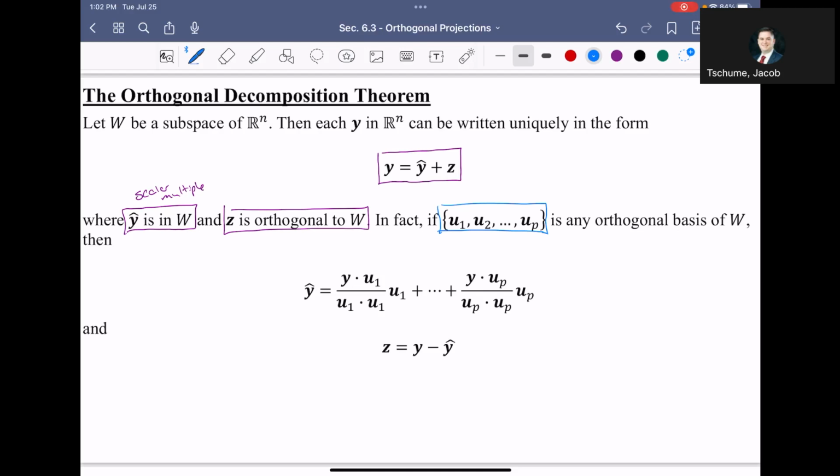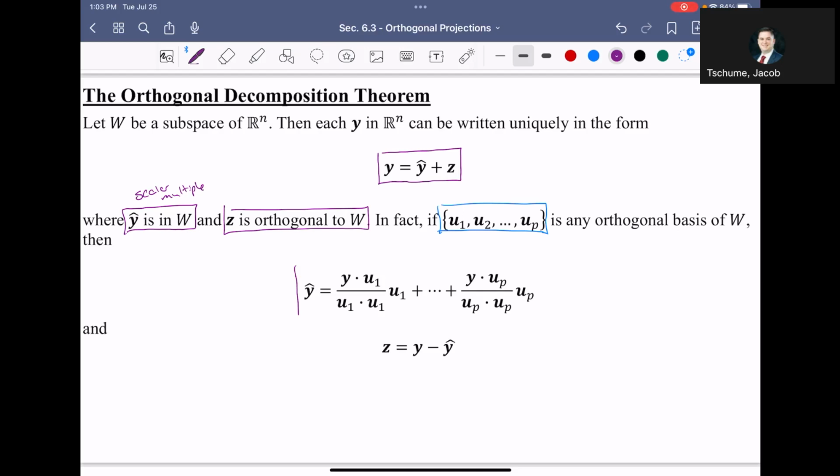We also talked about that if that is true, then they form a basis, which means each of the vectors is linearly independent of the others as well. So assuming you have a set of vectors that form this orthogonal basis, we can actually find an orthogonal projection with multiple vectors in a subspace versus just one.